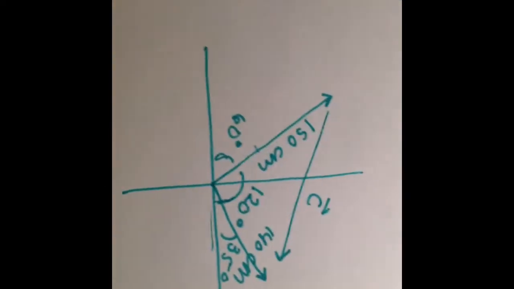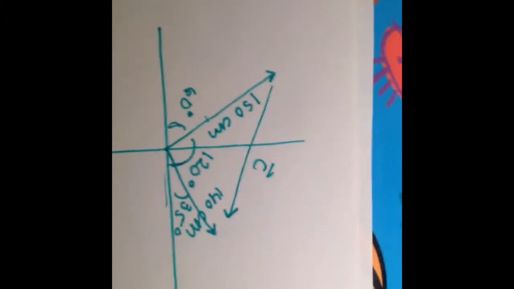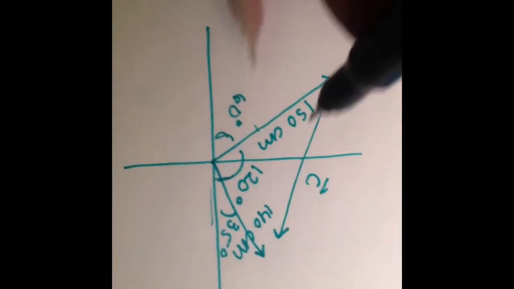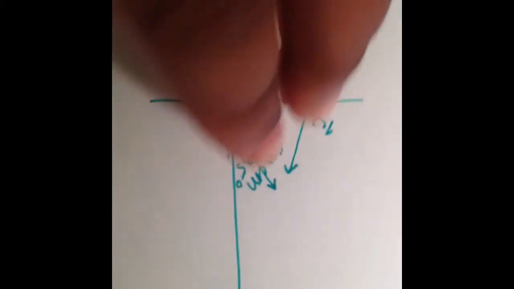Remember, when you subtract vectors, you flip the vector and then you do tip to tail again. So if the vector is facing this way, you flip it and it goes the opposite direction. When you subtract it, you have to reposition it so it's tip to tail with the 140 centimeter vector.